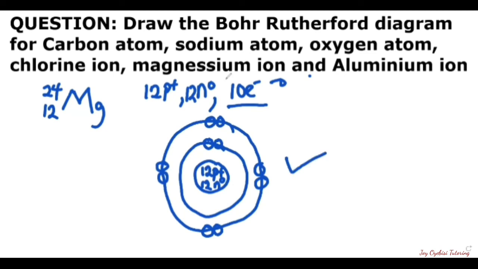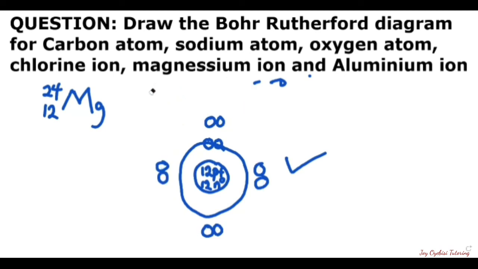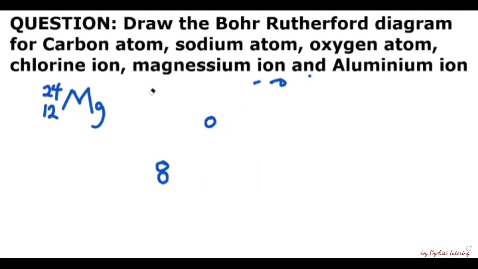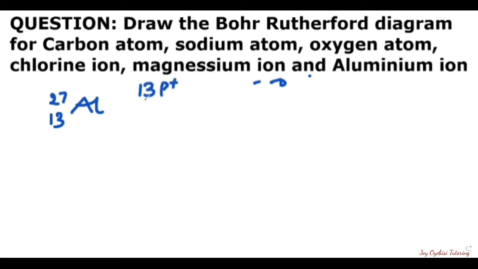All right, so the last one, the aluminium ion. We also start with drawing out the atomic notation. So you have this and that. So this is the mass number and this is the atomic number. Atomic number is equal to the proton number. So you have this as your proton number.